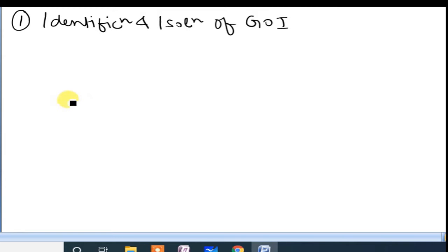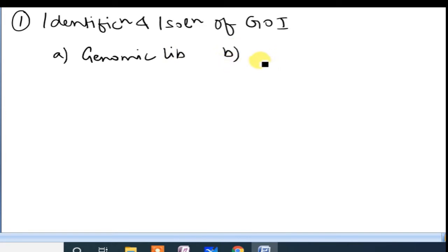Firstly, genomic libraries. The second one would be cDNA libraries, and the third one would be chemical synthesis.